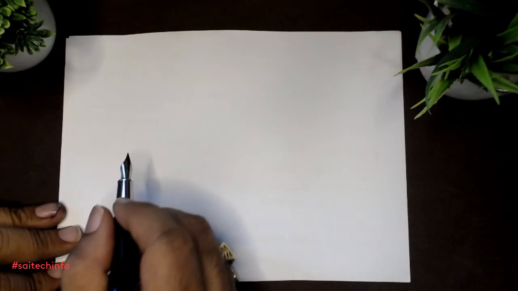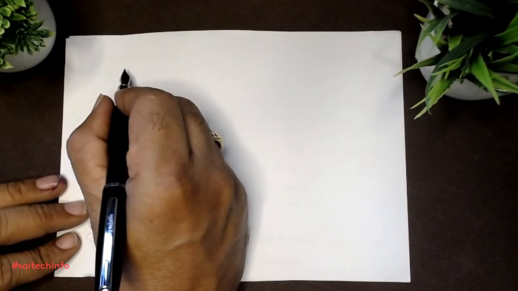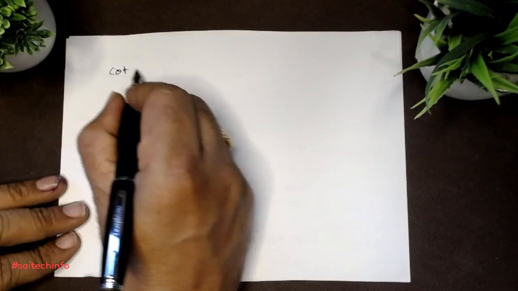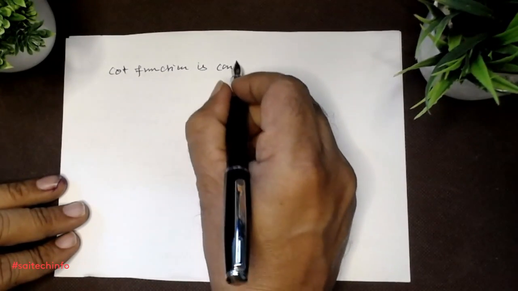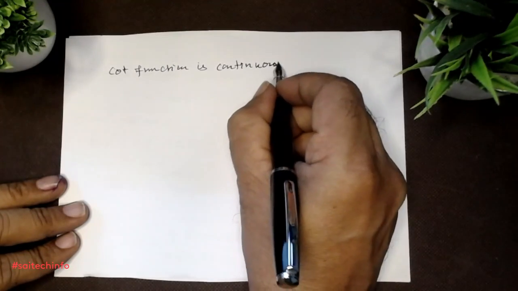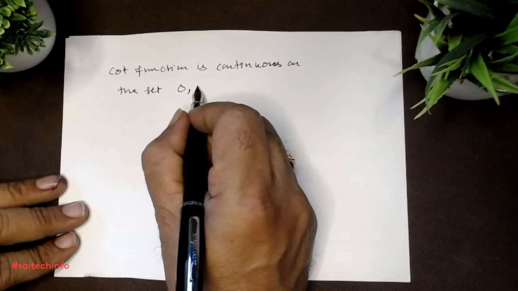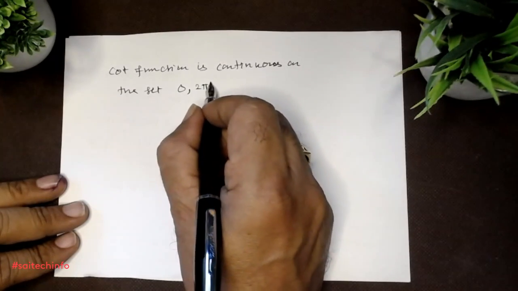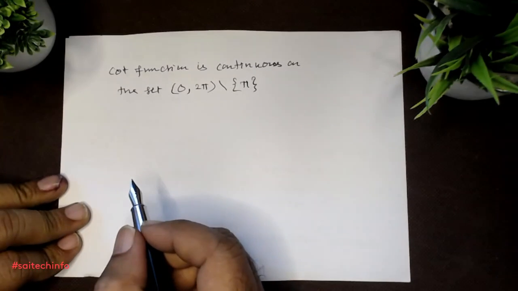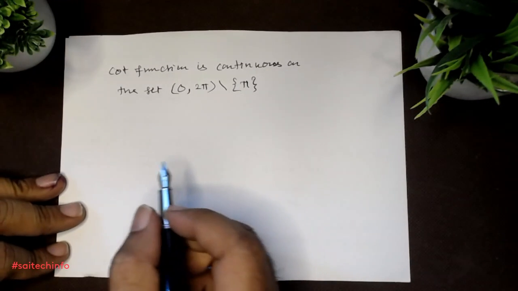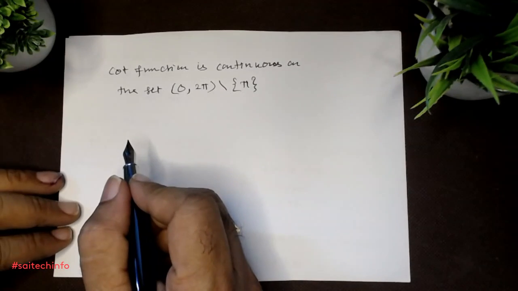The cotangent function is continuous on the set 0 to 2 pi, with an open interval, but excluding pi. Let us study the graph of the cotangent function on 0 to 2 pi excluding pi.